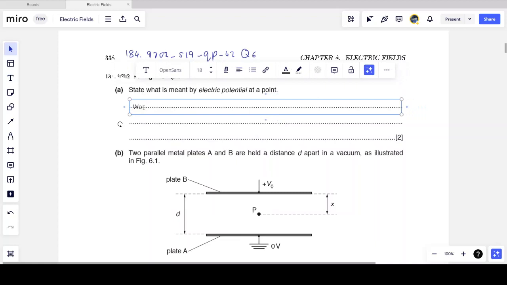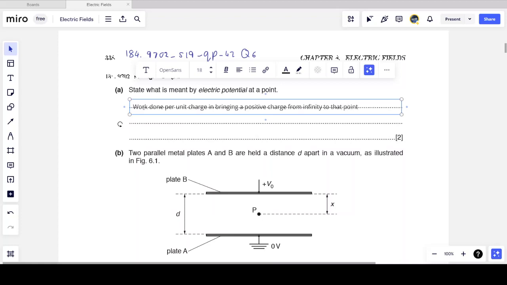We should know at least that the electric potential is the work done per unit charge in bringing a positive charge from infinity to that point. It's important that you specifically say a positive charge from infinity to that point in question.